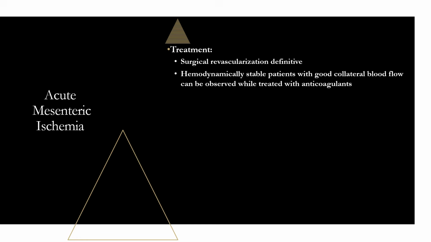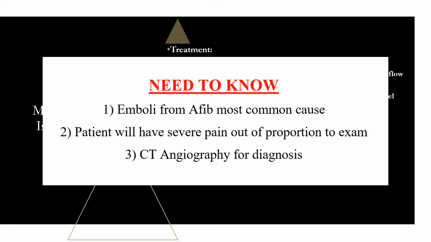Sometimes they can just be on anticoagulants if they have this collateral blood flow, which you can see on imaging. But most of the time, it's going to be surgical revascularization. And if the bowel has been long enough, if it's been a few hours and the bowel becomes necrotic, it's unsalvageable, you do need to do a surgical resection of the necrotic bowel.